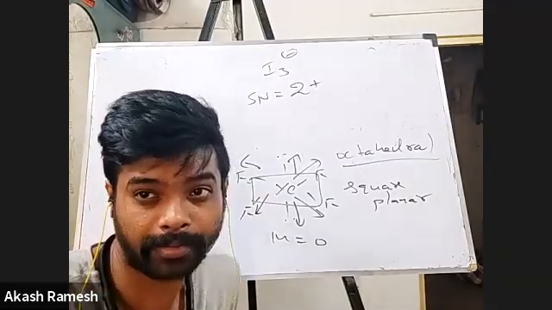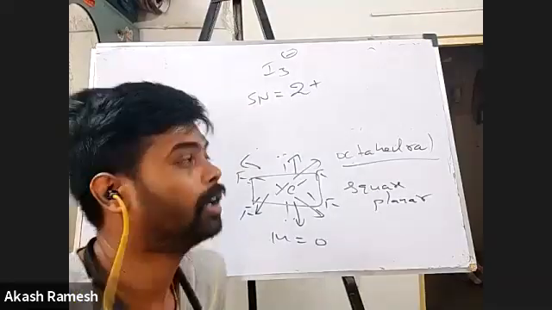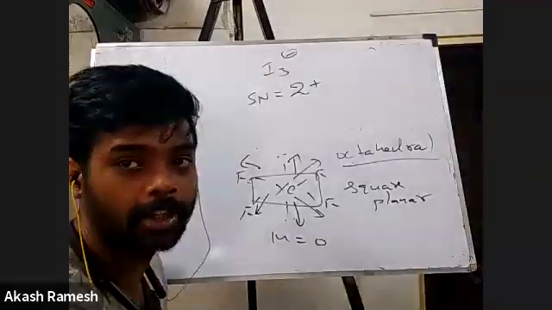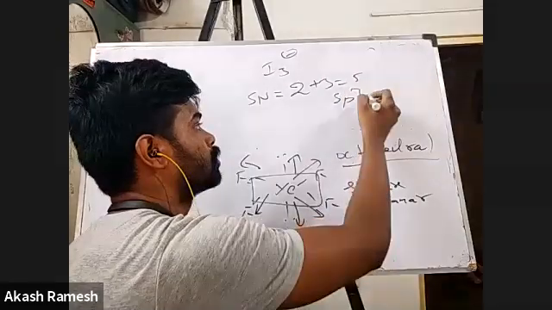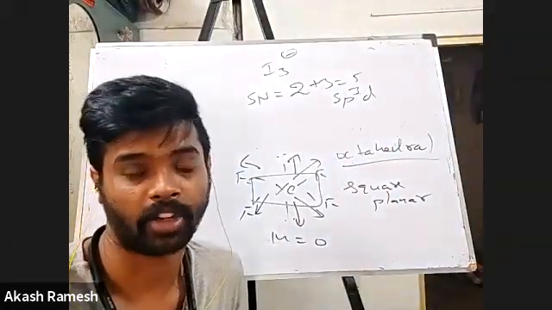So how many lone pairs? 3 lone pairs. 6 electrons are left out, so definitely 3 lone pairs. So it is 5, so sp3d hybridization. Okay, thank you, Shruti.